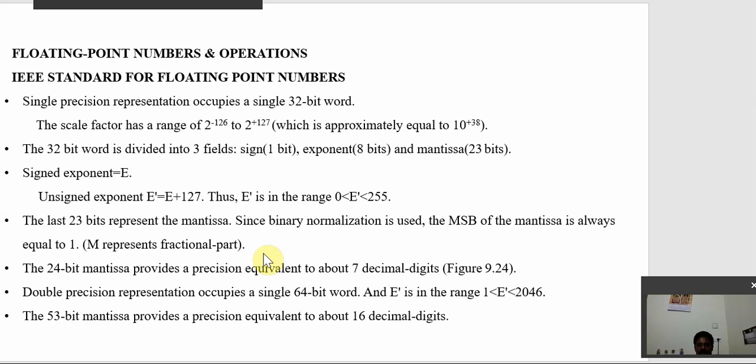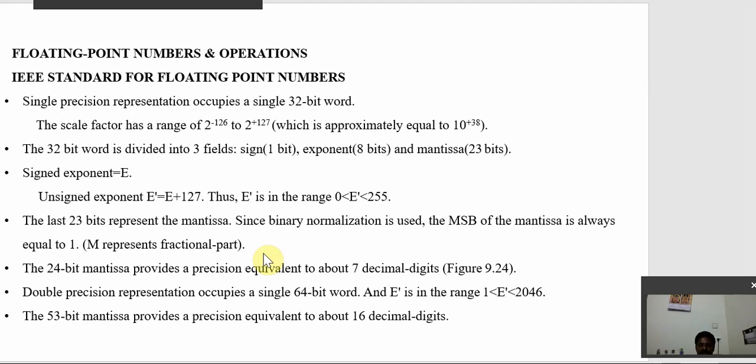The signed exponent is E. The unsigned exponent E dash equals E plus 127, thus E dash is in the range 0 to 255. The last 23 bits represent the Mantissa. Since binary normalization is used, the MSB of the Mantissa is always equal to 1.